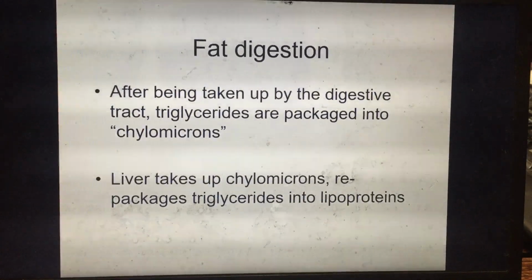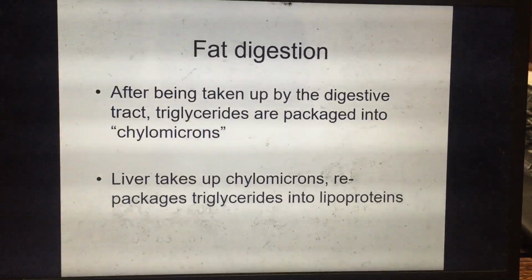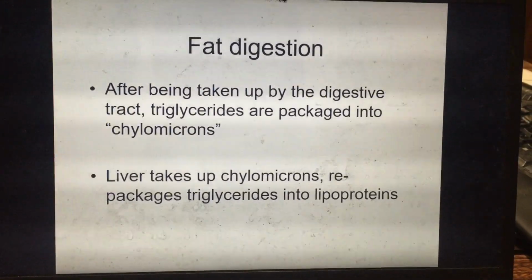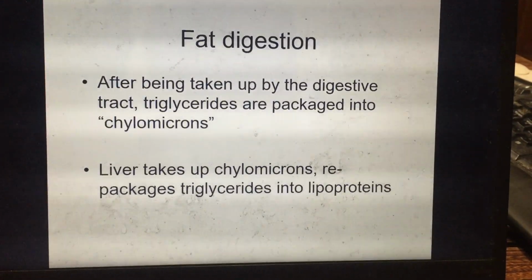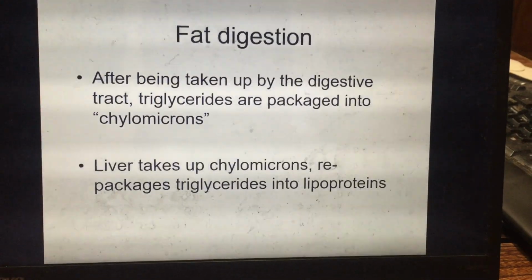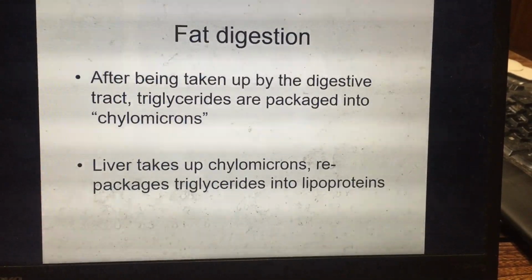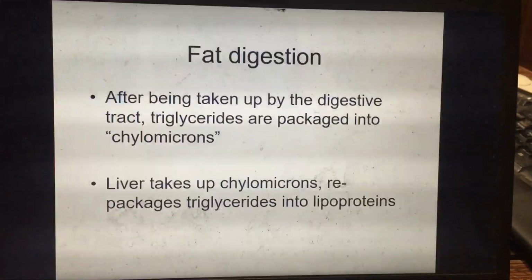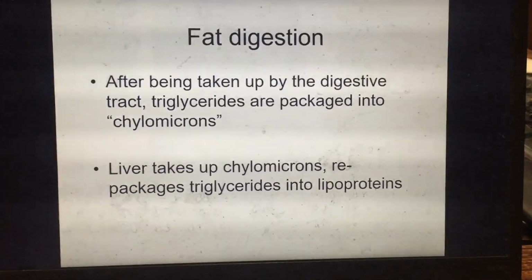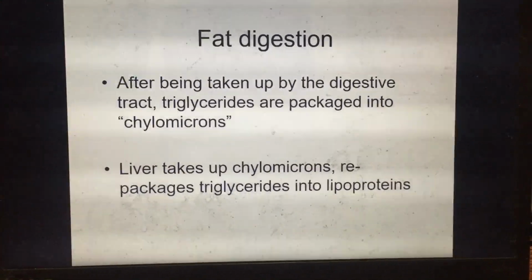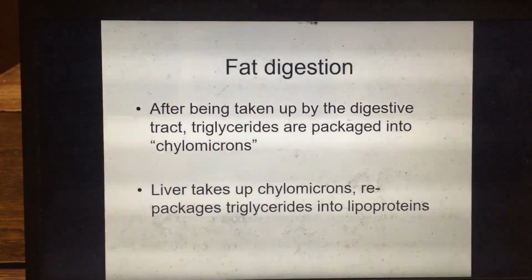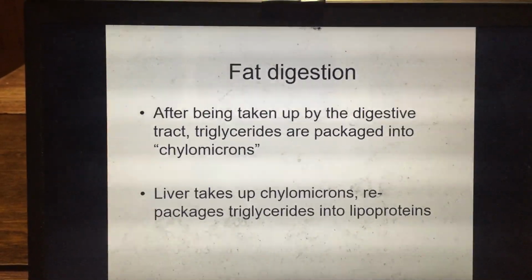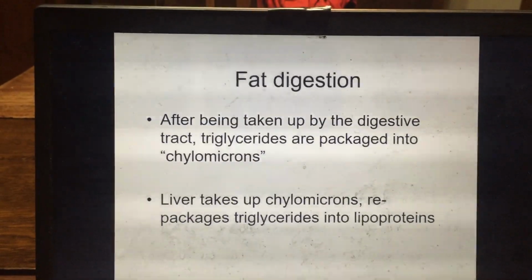Triglycerides are not very soluble in water, so to be transported in blood, they get packaged in these chylomicrons that allow better transport of fats in the blood. The liver can take up the chylomicrons and repackage the triglycerides into lipoproteins, and then those lipoproteins can deliver the triglycerides to, for example, adipose tissue for fat storage.